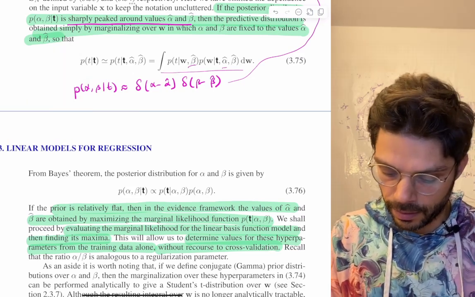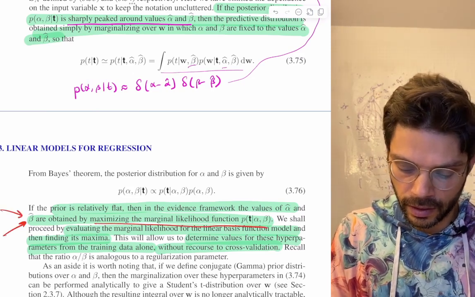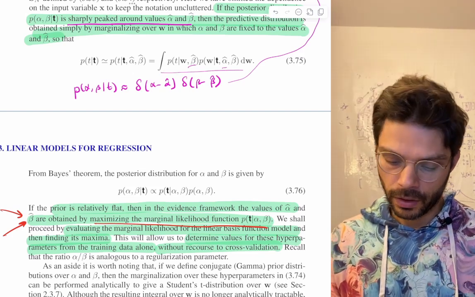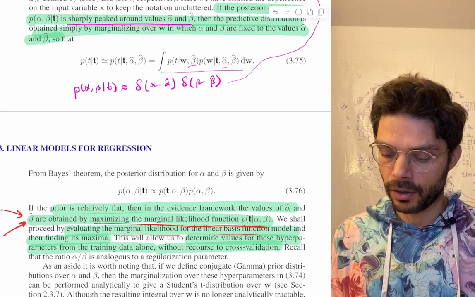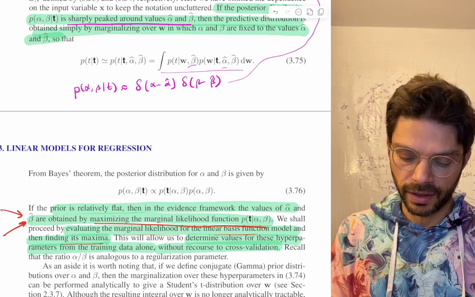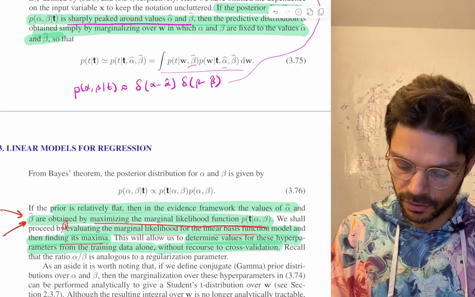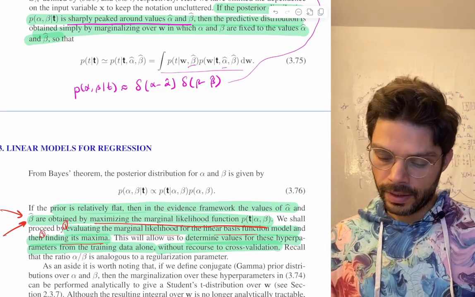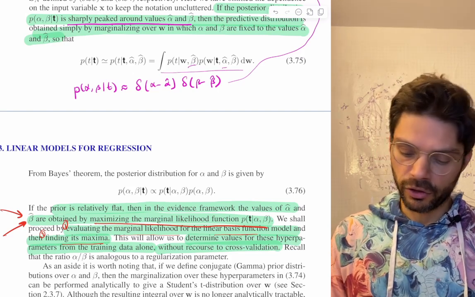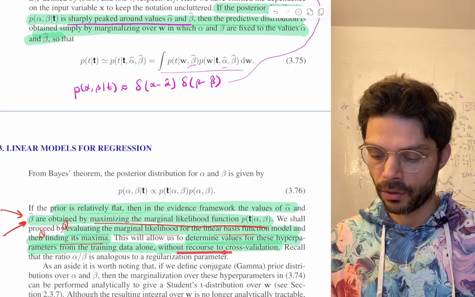This is important. Maximizing the marginal likelihood function is the whole point of what we're going to be doing. So we shall proceed by evaluating the marginal likelihood for the linear basis function model and then finding its maxima. That's going to be in the next section. This will allow us to determine values for these hyperparameters from the training data alone, without recourse to cross-validation.